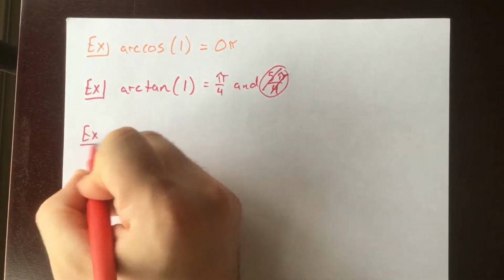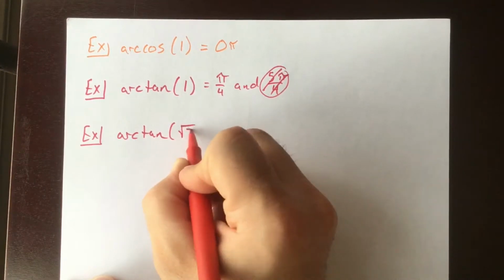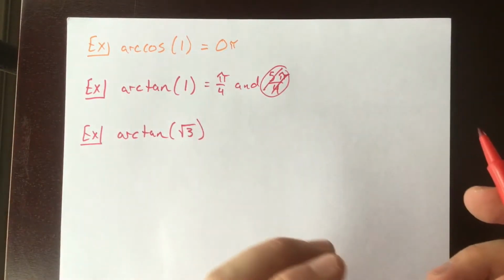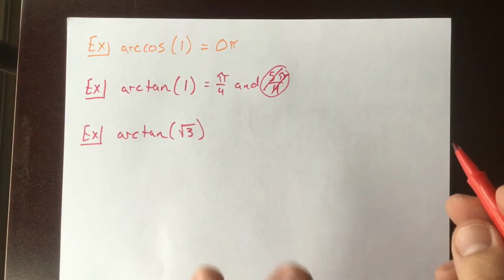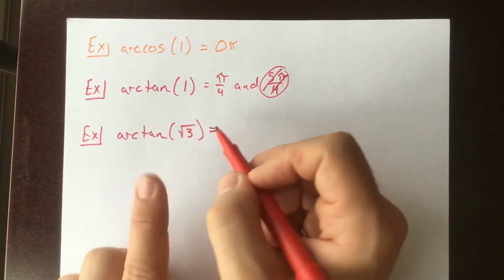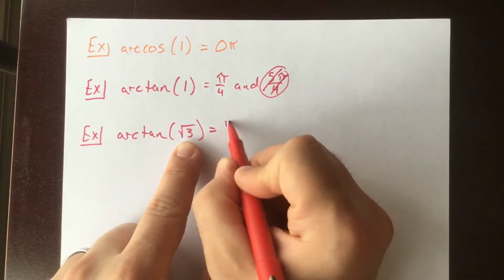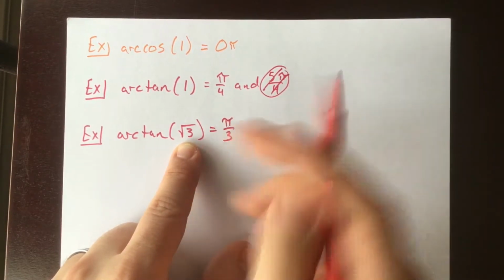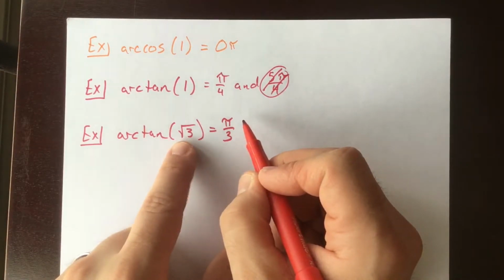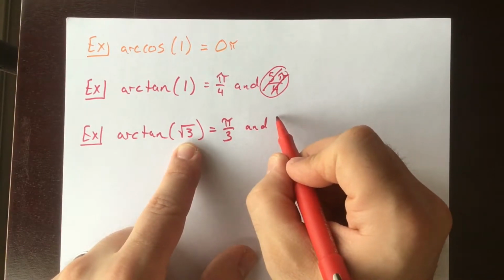And then the arc tangent of square root of 3. Okay, so square root of 3, our tangent along the unit circle is square root of 3 at, and if you do not know this, tangent is square root of 3 at pi over 3, which means that it would also be positive square root of 3 at, I guess this would be 4 pi over 3?